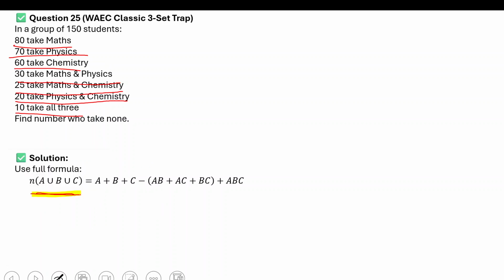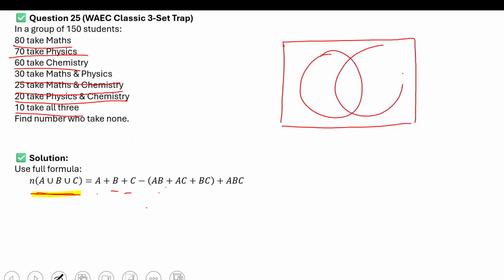The number of everything is equal to the number of only A, B, and C, then minus. So you subtract the intersections two by two and add the intersection of all three. Okay, so for instance, if I have a Venn diagram like this, this is 1, 2, and 3. So I have maths, I have physics, I have chemistry.